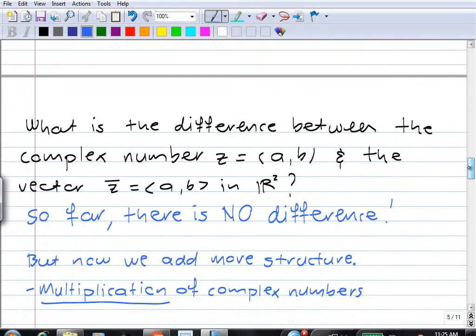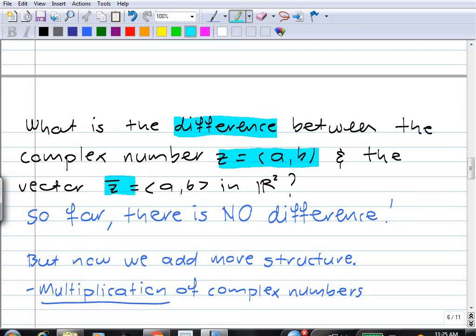Now, you may have noticed that this is all very familiar. So what is the difference between the complex number, which is the ordered pair z is (a, b), and the vector z bar, which is the ordered pair (a, b) in R2? Well, superficially, for the complex number we don't put a bar on top, while for the vector we do.